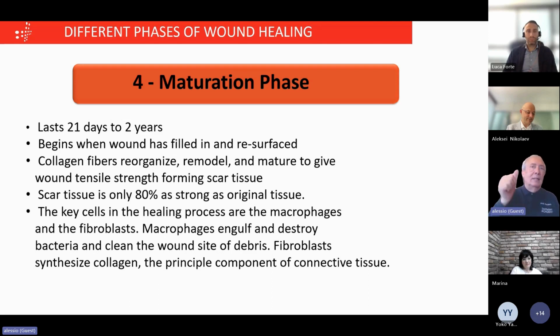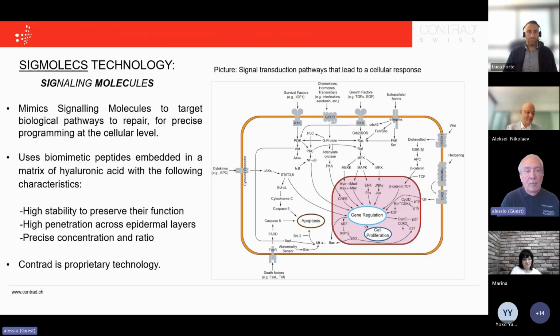where we find the first signals in the first and second phase that can affect, can modulate a lot of the maturation phase.